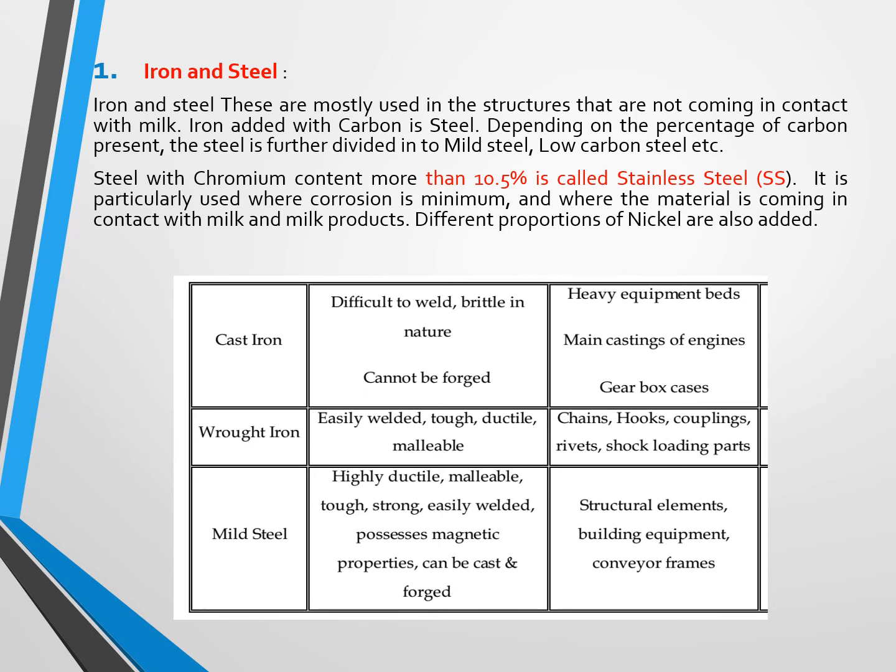And mild steels are highly ductile, malleable, meaning we can form them into sheets. They are tough, strong, with different properties, and are basically used for structural elements, building equipment, and conveyor frames. So these are the different iron and steel.